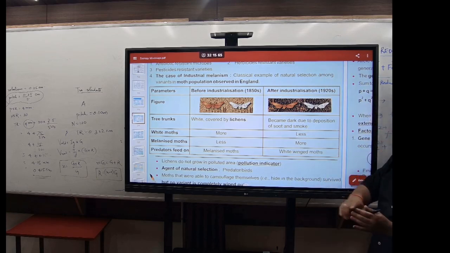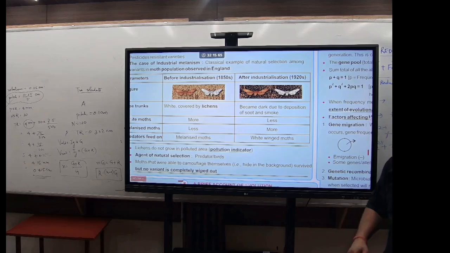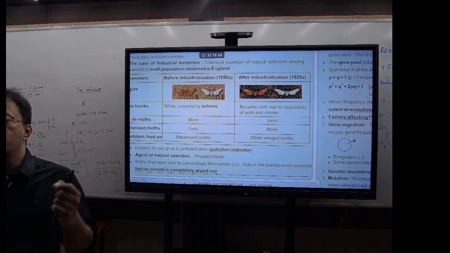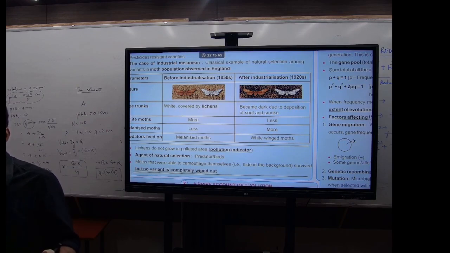But after industrialization, what happened? Because of the soot and smoke released by the industries, the lichens could not survive in those areas, and the tree trunks became darker. The dark-winged moths can easily camouflage against a contrasting background, but not the white-winged moths.